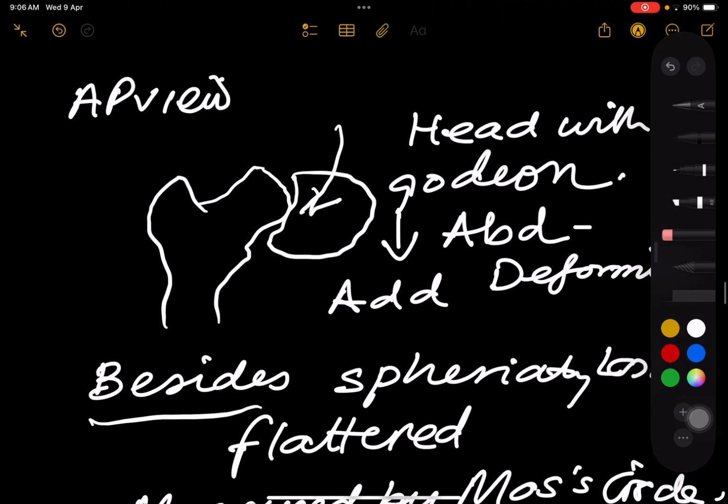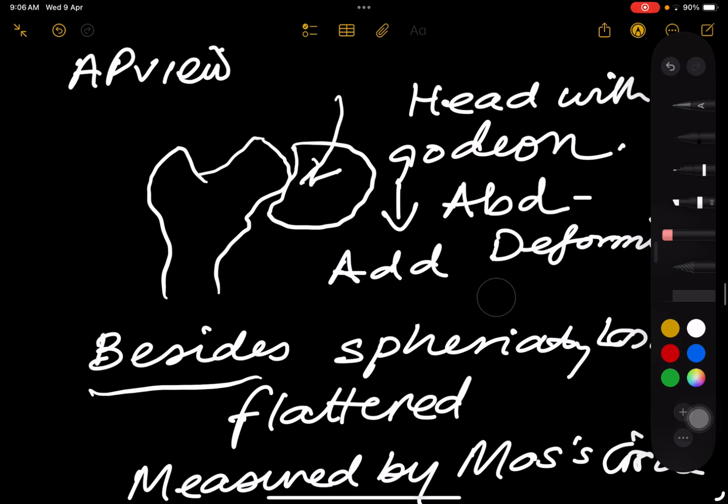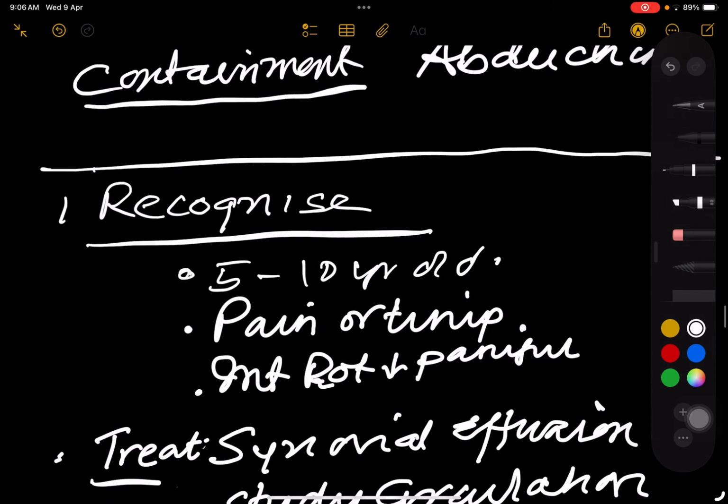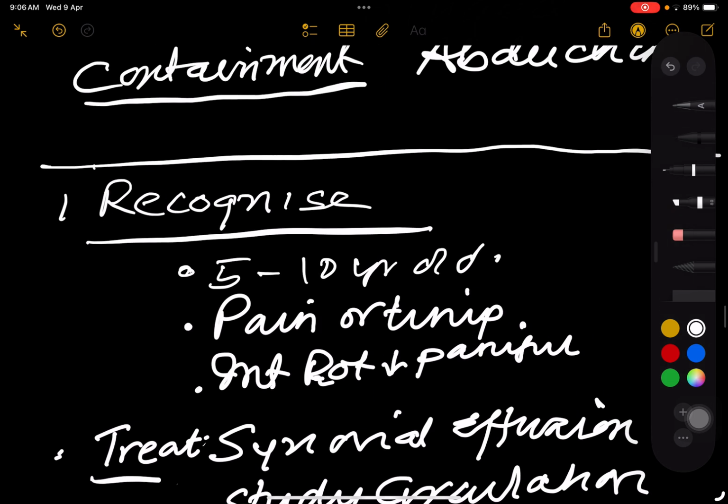Goes down, adduction deformity. Sphericity is flattened, and therefore, this is the chylus. There is incongruence, lack of containment, and hinged abduction. I have told you all this. So the idea is that we must recognize Perthes disease as soon as possible if there is pain and limp in a 5 to 10-year-old child.